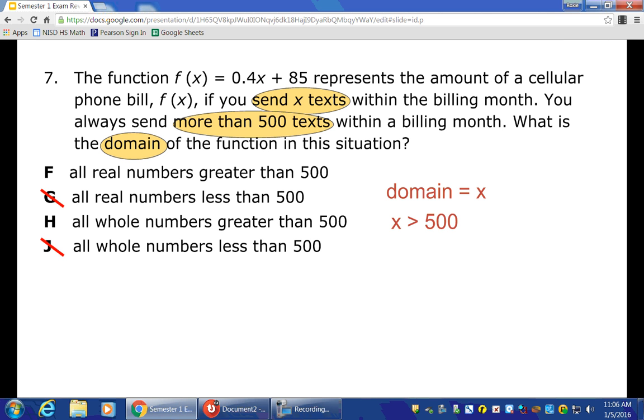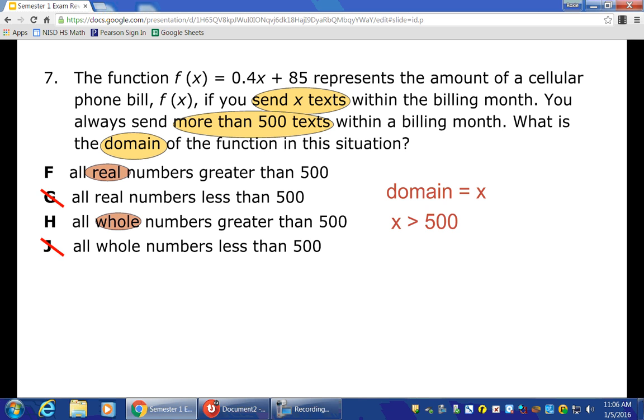The difference between answer choice F and answer choice H is what kind of numbers, real numbers or whole numbers. Well, real numbers are all of the numbers including decimals and fractions. Whole numbers are only the counting numbers like 1, 2, 3. So what kind of number could a text message be?